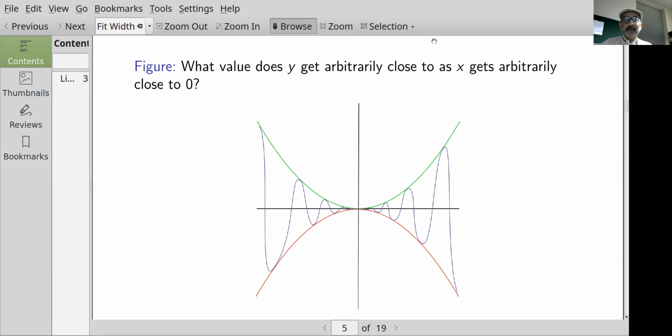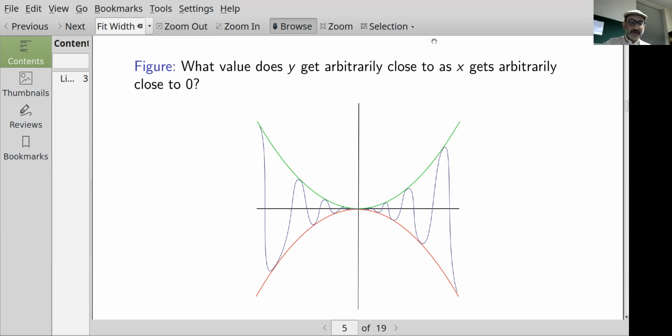And again, when x is getting really, really close to 0, the function values along the y-axis are getting very, very close to 0. And if you look at the blue curve, that's a somewhat more complicated function. And its values, as you take x values very, very close to 0, the points x, y on the curve, the y values are also getting very, very close to 0. So for all three of these functions, we should say that the limit as x goes to 0 of f of x is equal to 0.